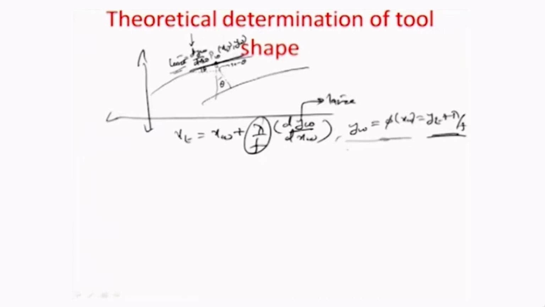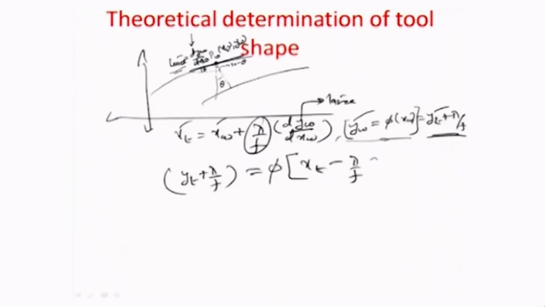So, if this functional relationship exists between the yw and the xw, and we have a relationship of yw with yt and xt with xw, we can actually write down that yw, which is yt plus lambda by f, is functionally connected in the same manner to xw's value here, which is xt minus lambda by f times of dyw by dxw. So, if you really know the slope here, then it should not be a problem to map the xw yw to xt yt as available here in this functional relationship.